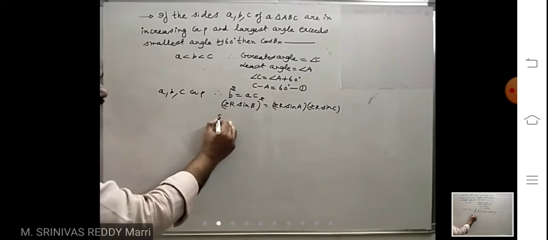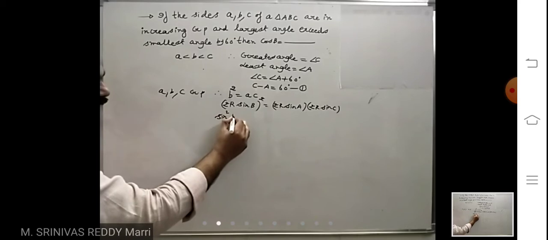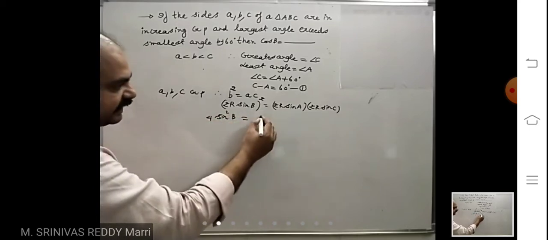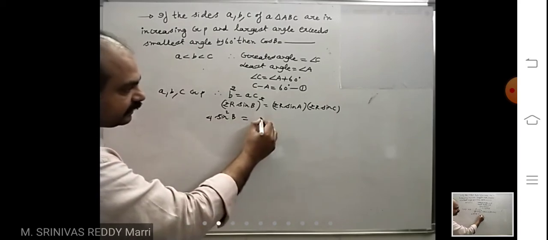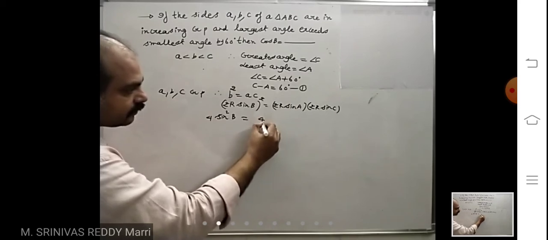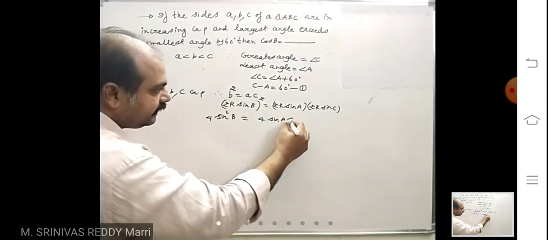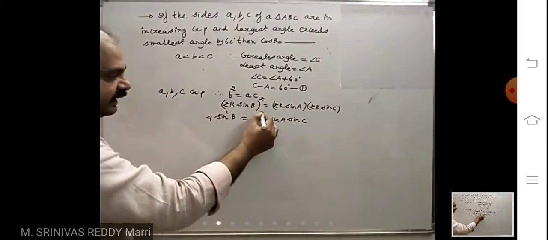That means you will get, look at here, R square will get cancelled. I am writing this 4 sine A sine C. 1 2 I am striking off.